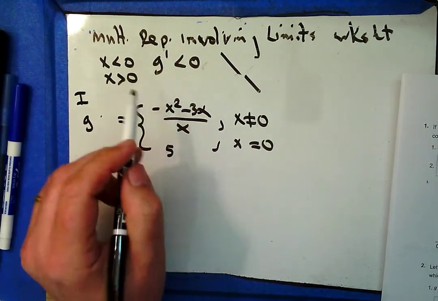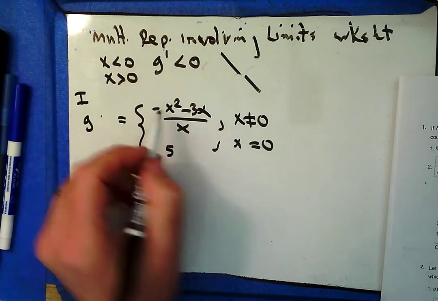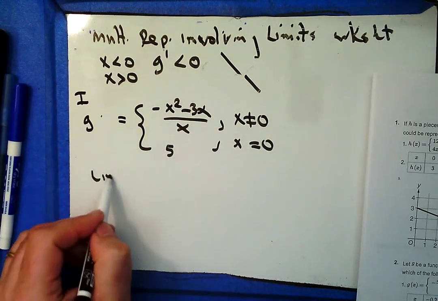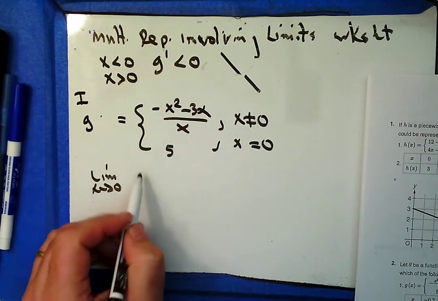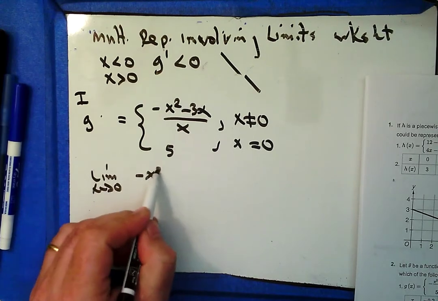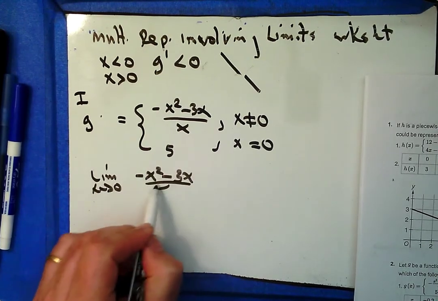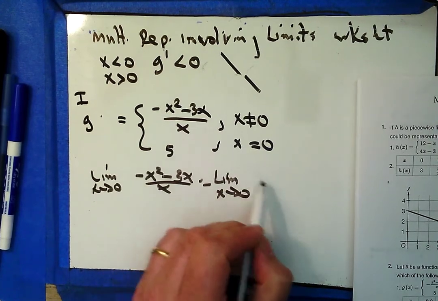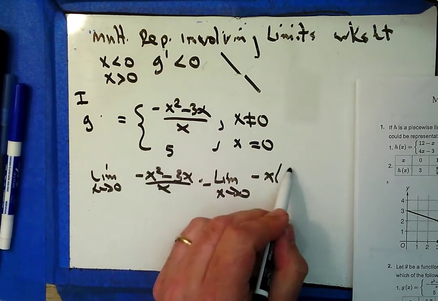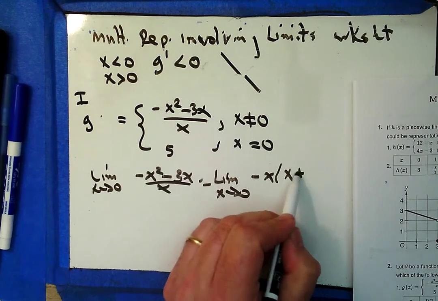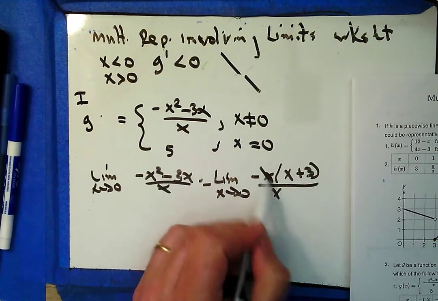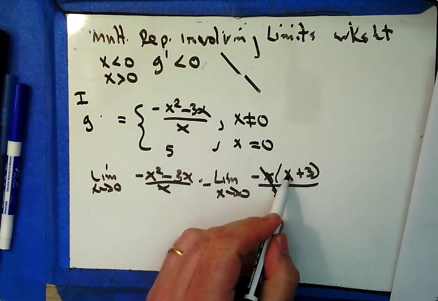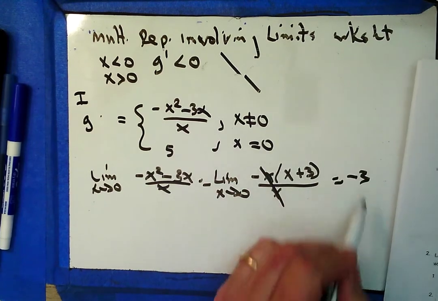Okay, so here, if we do this, the limit as x approaches 0 of negative x squared minus 3x over x, and say, hey, that's the limit as x approaches 0 of negative x minus 3, and then we plug our 0 in, we get negative 3.